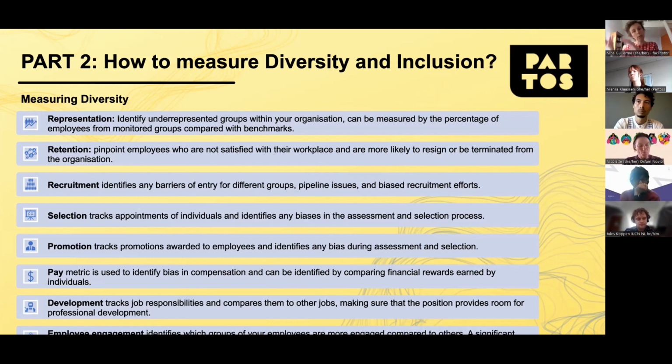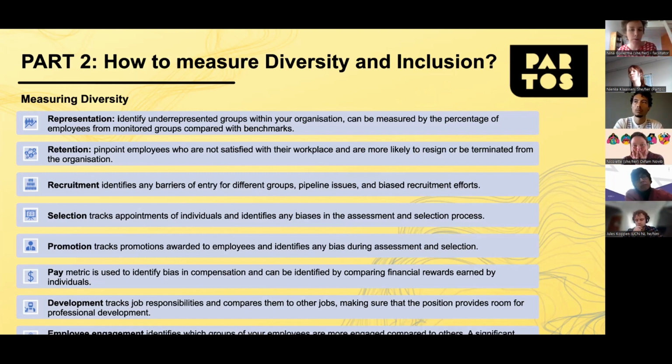So the method you want to use is linked to what you want to measure. When you have your different demographics that you want to measure progress on, you have to see what you can actually measure. And on this slide, you have some entry points that you could measure depending on your strategy.